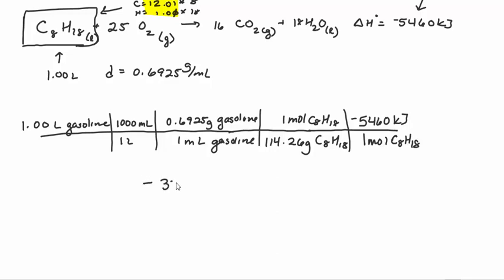Go back and look at my significant digits. I have 3 significant digits in my measured quantity here, so I can only report 3 significant digits. So I'll report this as negative 3.31 times 10 to the 4 kilojoules. And that is how much energy is given off by 1 liter of gasoline.